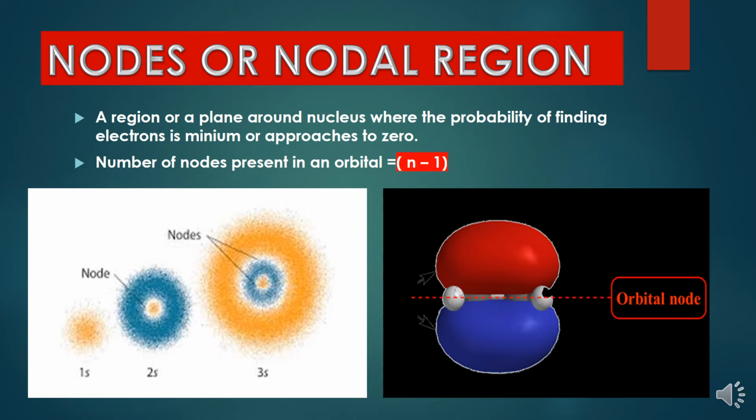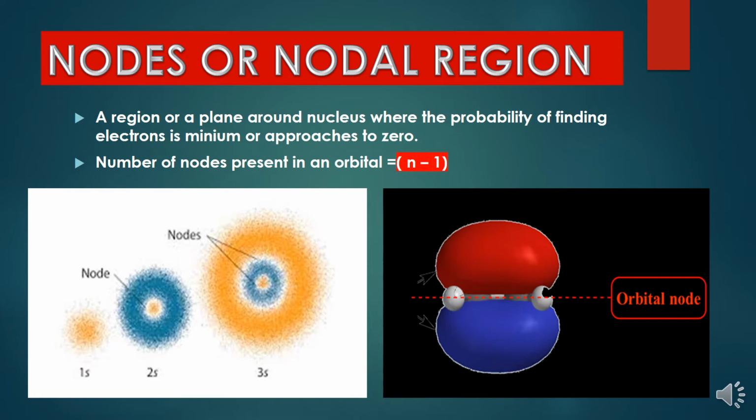As you can see in those curves, sometimes the value of psi or psi square approaches 0. Those regions where the probability density approaches 0 are called a nodal region or a nodal plane.